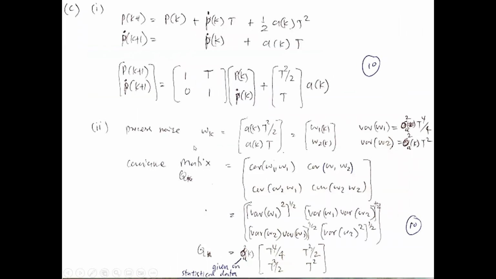This is how we do that. Now the process noise, once you model, right, you naturally get to the process noise model, that is T square over 2 AK and T AK.